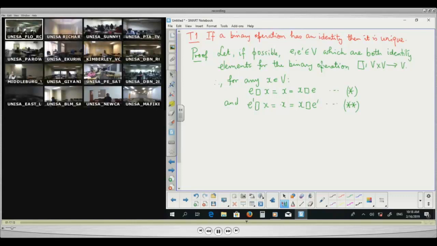So now let's see. You have told me for every x you have these two kinds of equations, and you have given me these two elements. So what is the simplest path? Therefore, I consider this.